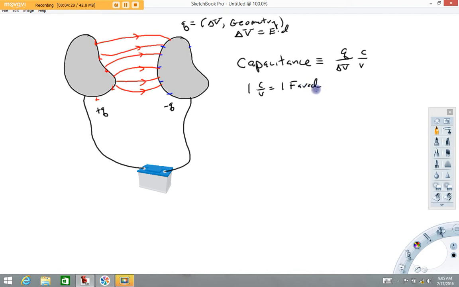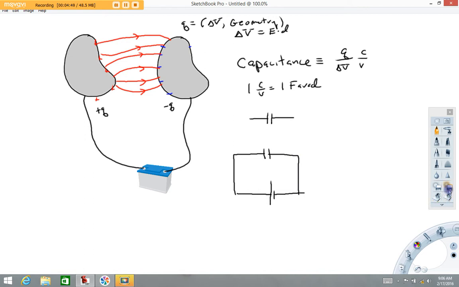Now, there's also a symbol for a capacitor. The capacitance of the system is typically represented with this symbol right here, 2 parallel lines. And now we can draw a circuit diagram for this picture. The circuit diagram with this battery hooked up might look something like this. Remember, we have this symbol for the voltage of the battery, and then we would have this symbol for the capacitor.